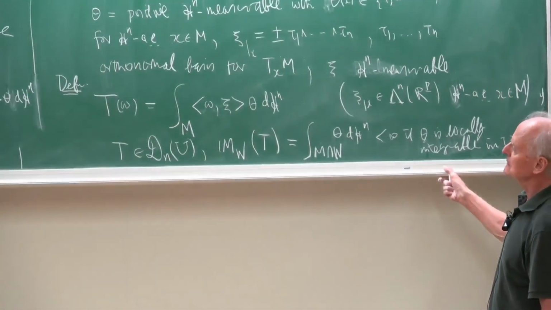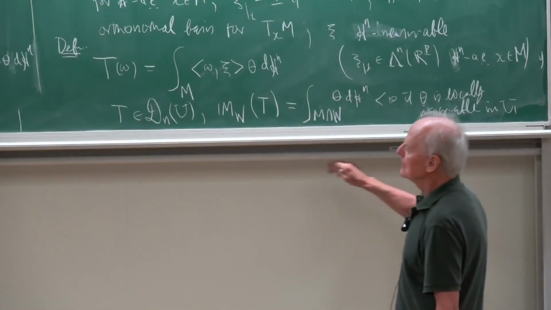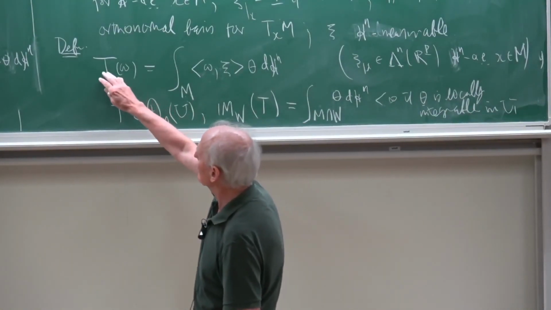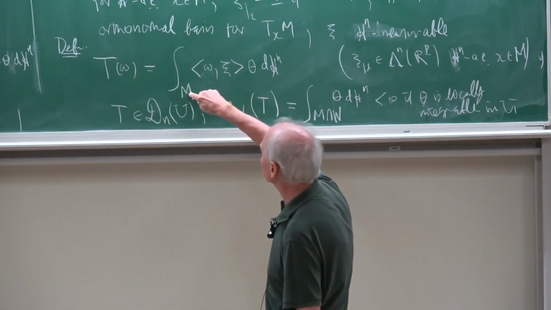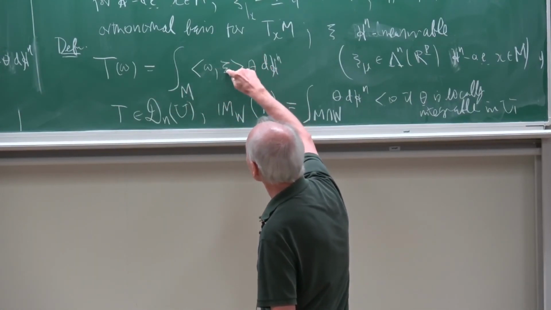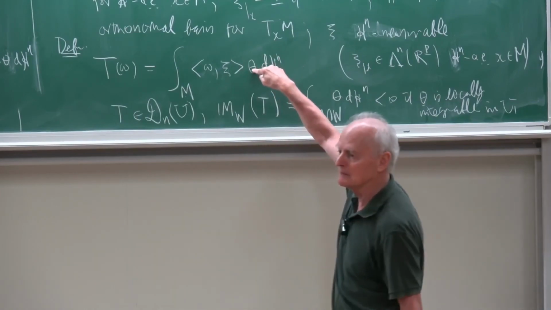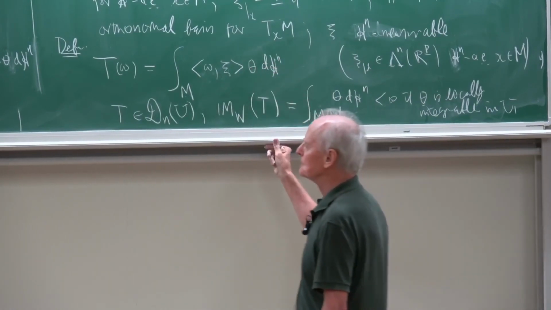Okay, so that's the definition, and any such current you call an integer multiplicity rectifiable current. It lives on a rectifiable set, it's got an orientation, and it's got a multiplicity function.